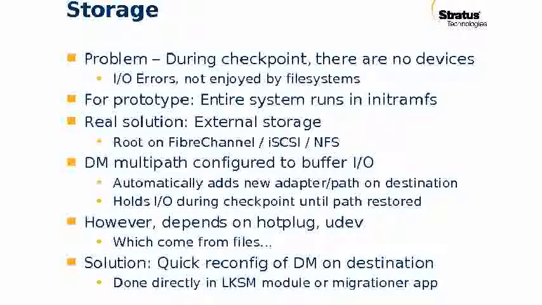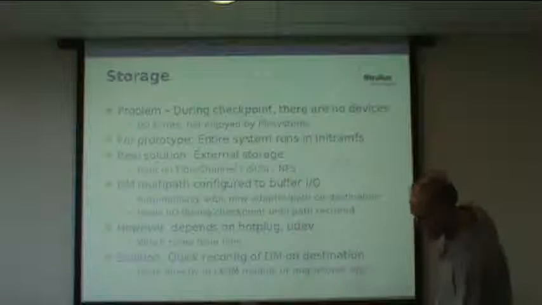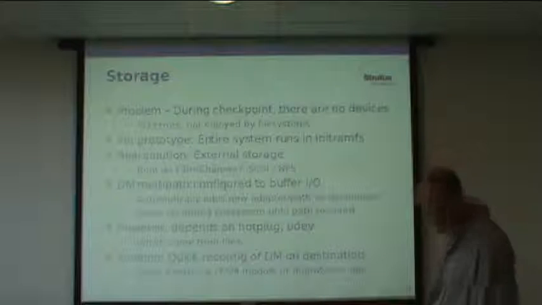In the LKSM kernel driver, we took a snapshot of the device manager state before, and then we modify it to reflect the new path after the migration, and we insert that immediately after the checkpoint restore. And so DM wakes up without any help from user space, and the right thing happens. It's a little hacky, but for now that's the solution. But the migration does work with a real Fibre Channel.